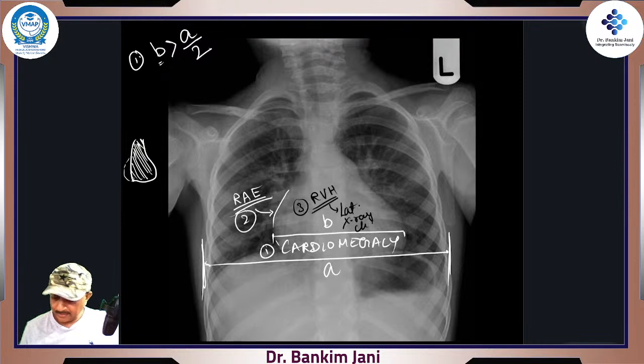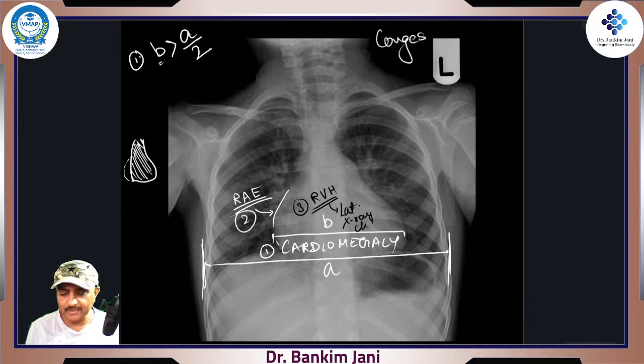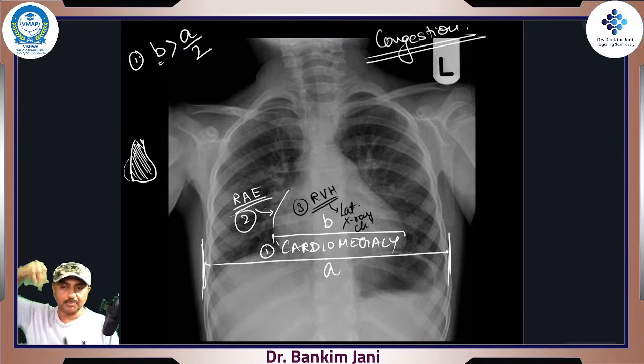We said that there is congestion in the lungs. Congestion means there would be more blood inside the heart. That blood would go via the pulmonary arteries, and then they will divide. So it will be spread all the way, under high pressure.